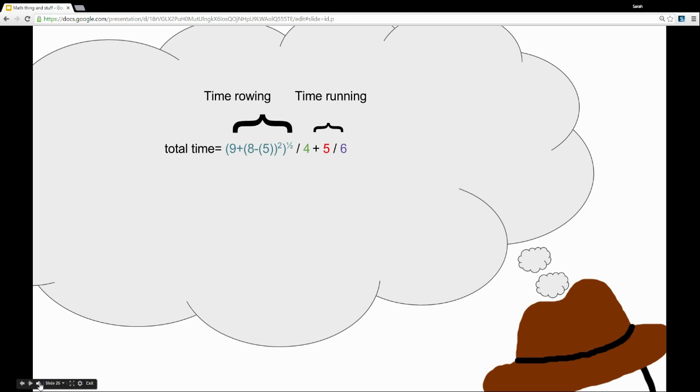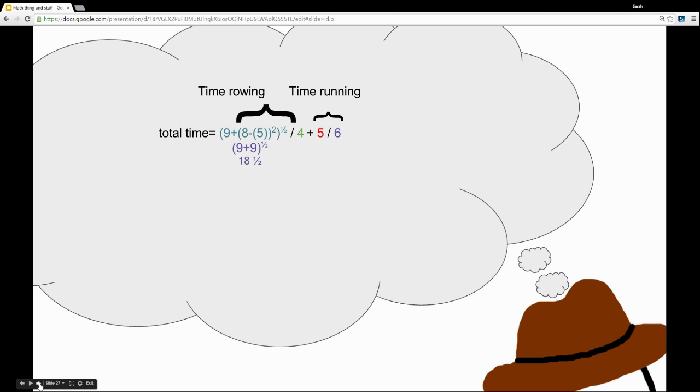Then, plug in 5 into different sections of your equation and solve to see how much time you need to spend rowing and how much time you need to spend running. So, you'd start by doing the top of the first part, which is 8 minus 5. So now you have 9 plus 9 to the 1/2, which is 18 to the 1/2. The easiest way to do that is to put it in the calculator, which gets you 4.24.